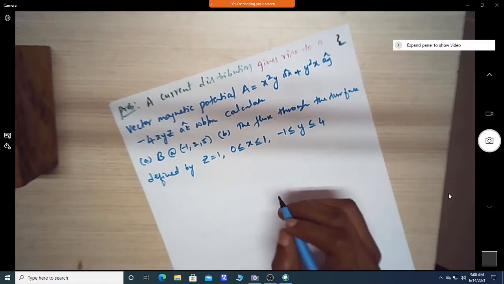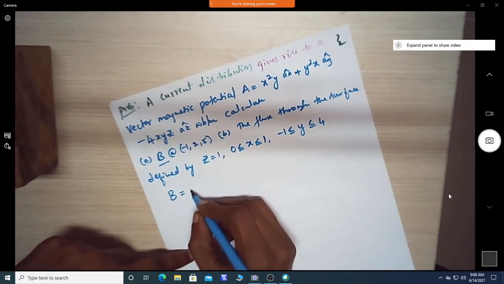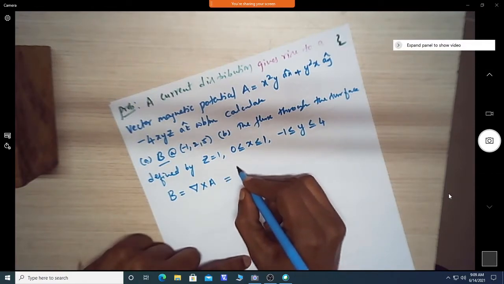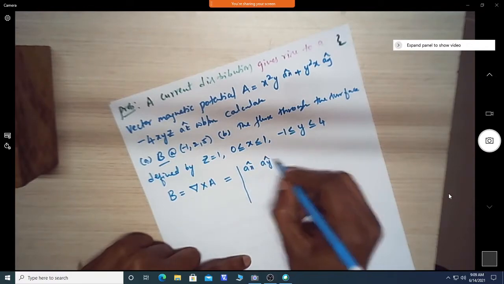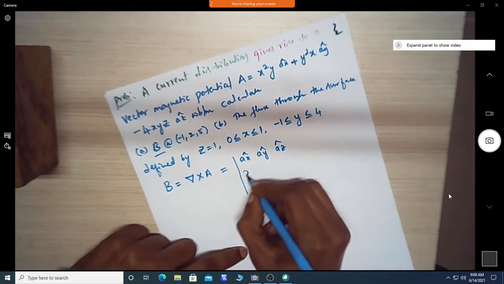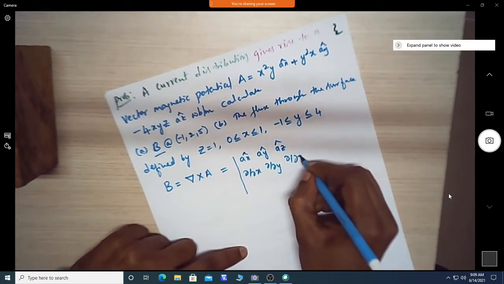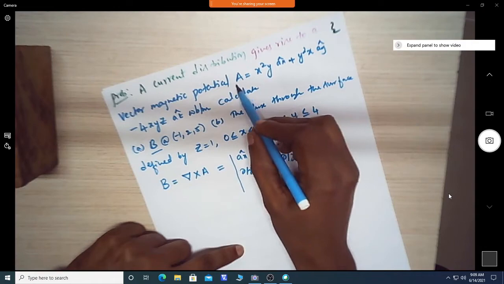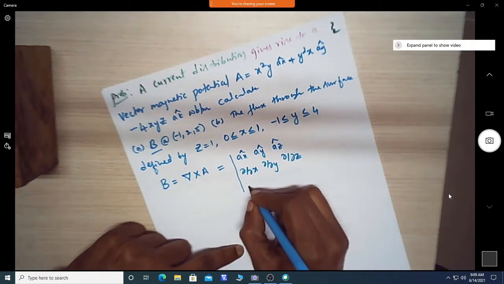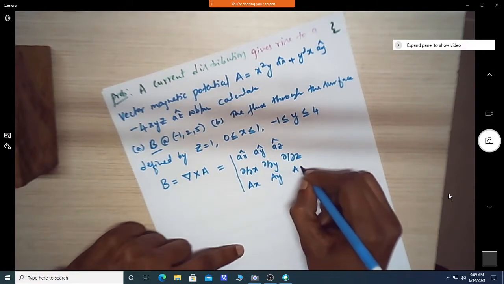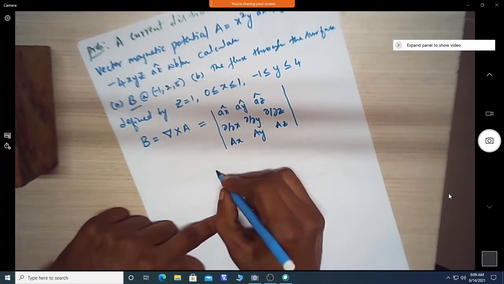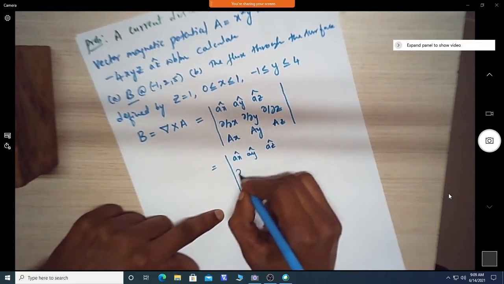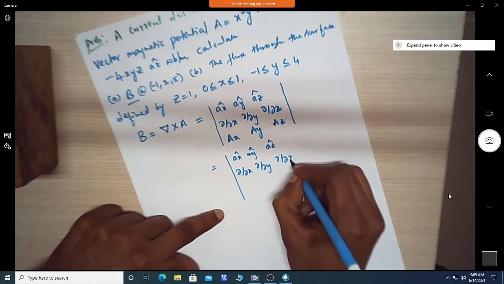So now we know the equation for finding B, which is equal to del cross A. So to find del cross A, it will be given in the matrix form, that is ax, ay, az, then del by del x, del by del y and del by del z, and also the given vector magnetic potential components in the ax, ay and az directions. So you can substitute the Ax, Ay and Az components.